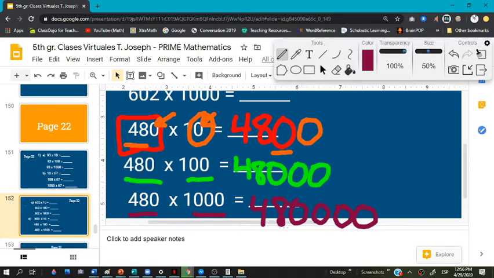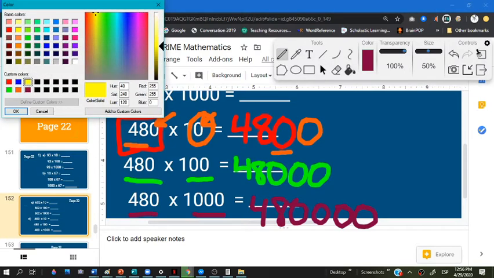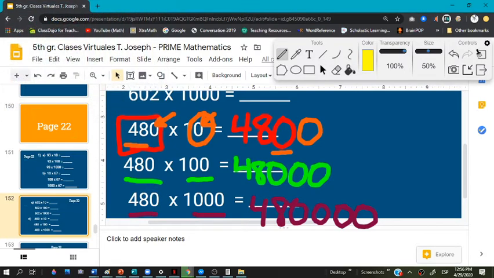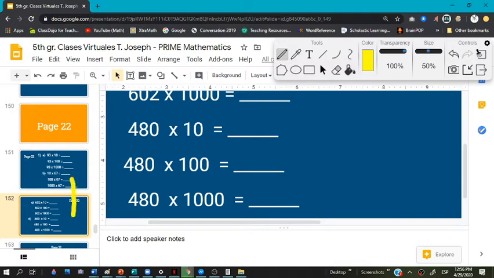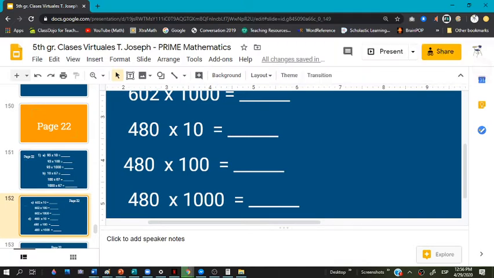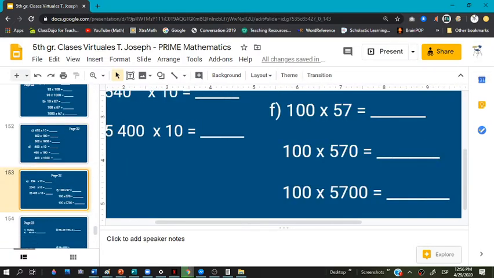Be careful whether you put 5 zeros or 3 zeros. If you have, for example, 1, 2, 3, 4 zeros in your problem, you should have 1, 2, 3, 4 zeros in your answer. Let's do a couple more problems on page 22, on the bottom.